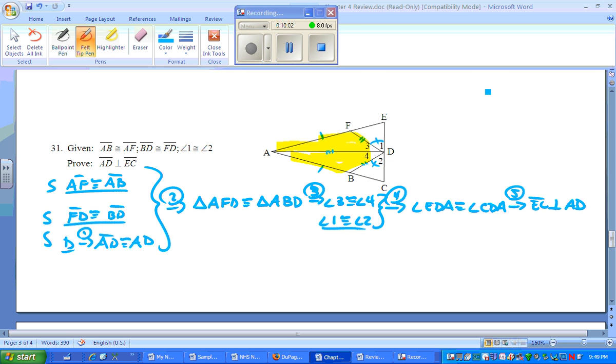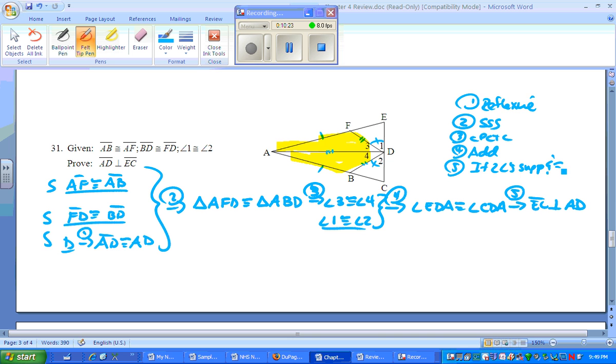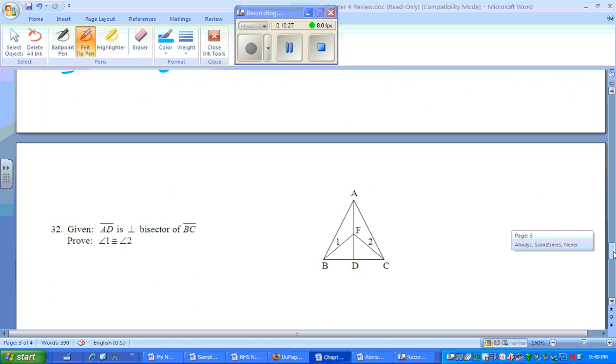And we're done! Reason 1, reflexive. Reason 2 was side, side, side, which makes 3, CPCTC. 4, we did addition, make something bigger. And 5 was if two angles supplementary and congruent, then perpendicular. Nicely done.